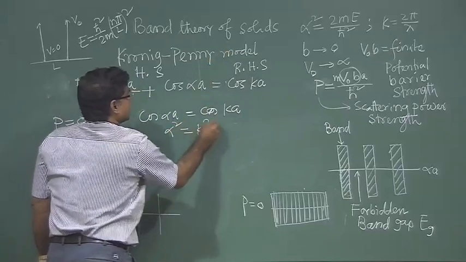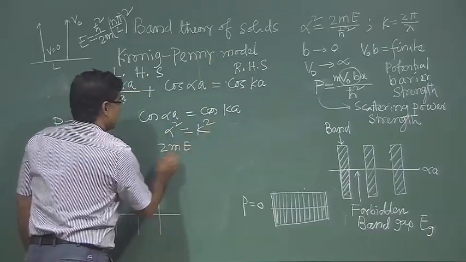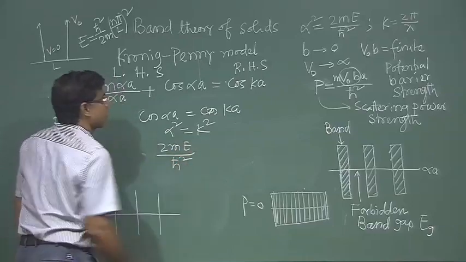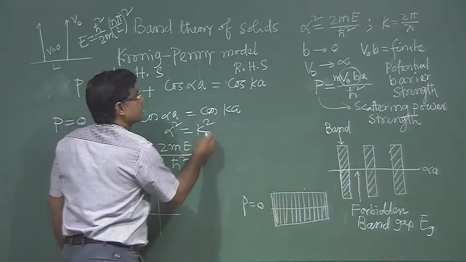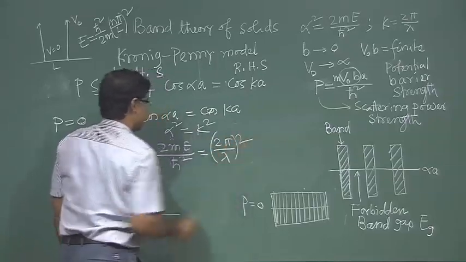So alpha square is 2mE by h cross square, equal to k square, which is 2 pi by lambda whole square.